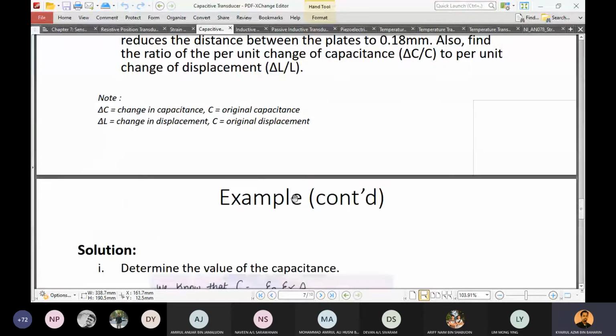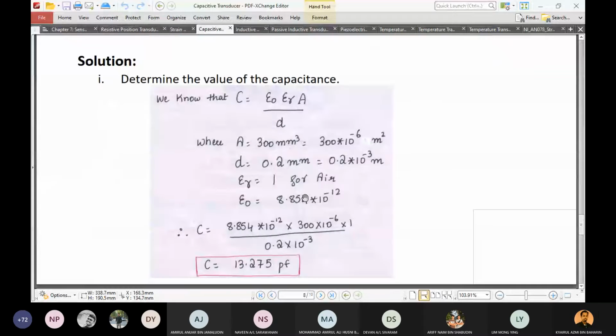Let's look at the solution. You need to know this equation first, and we replace the values. A is 300 millimeter squared, not cube here. You need to convert all the units into meters to avoid any mistake. Actually, you can calculate directly, but for safety, we convert to meters.